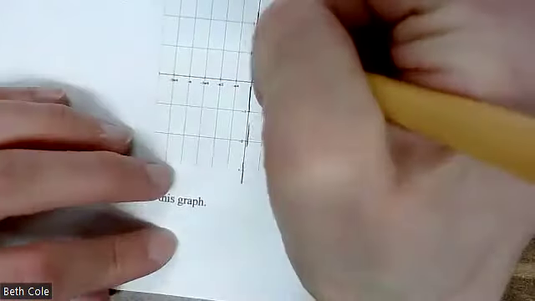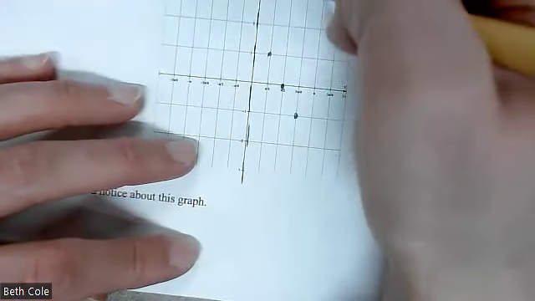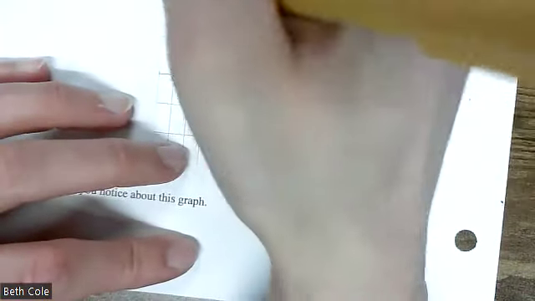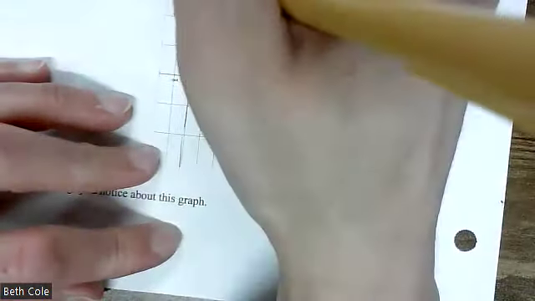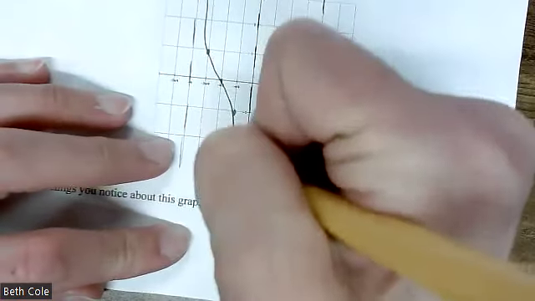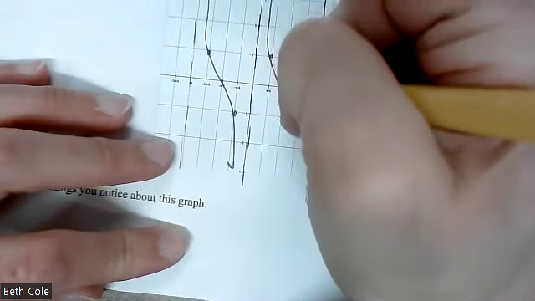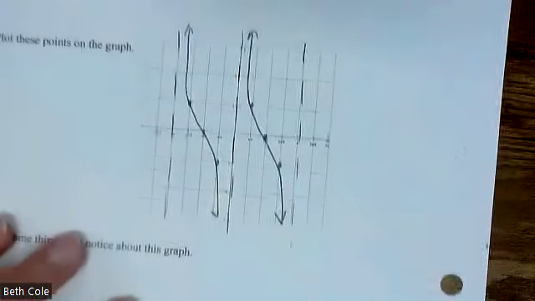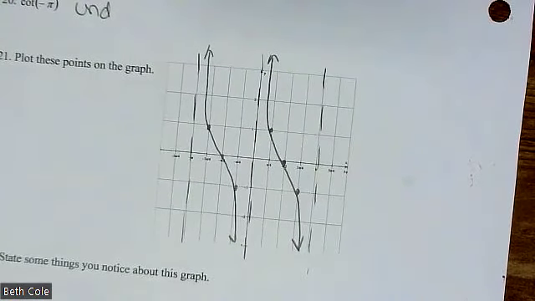So it's going to be 1, 0, -1, asymptote. So what do you notice about this one that's different from tangent? Like what just jumps out to you first? It wiggles in the other direction. That's really what I was looking for. It decreases instead of increases. See what I'm saying?